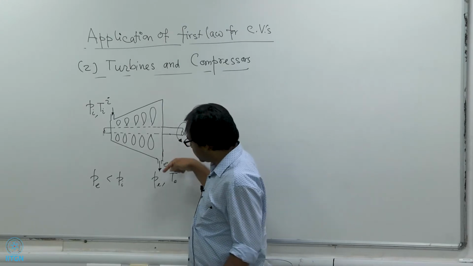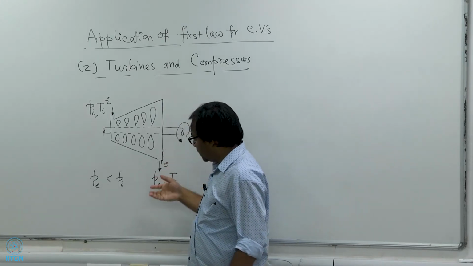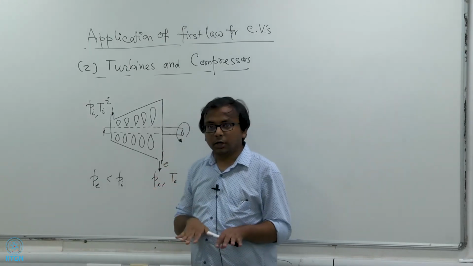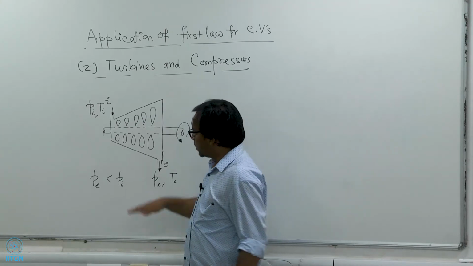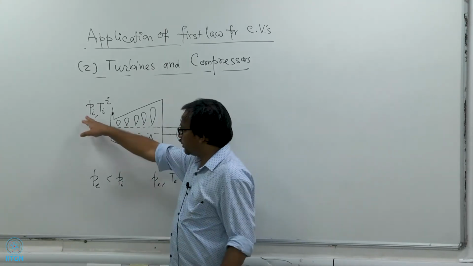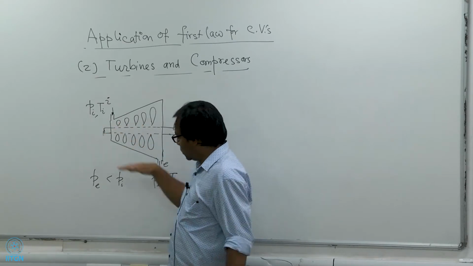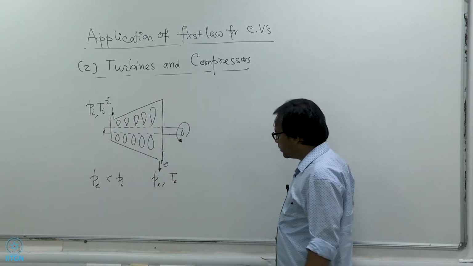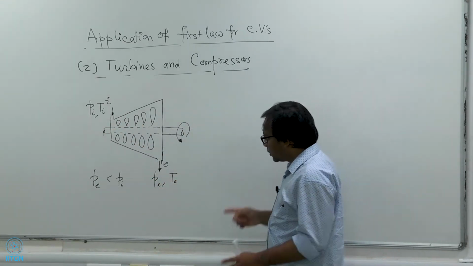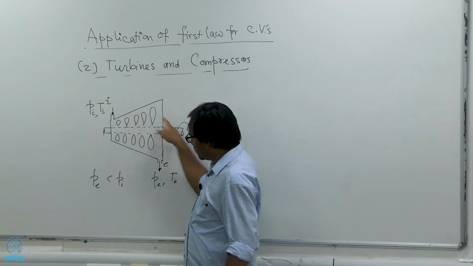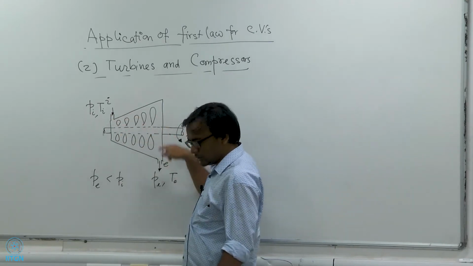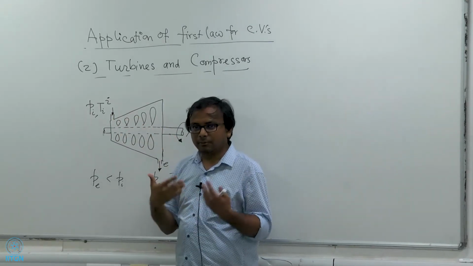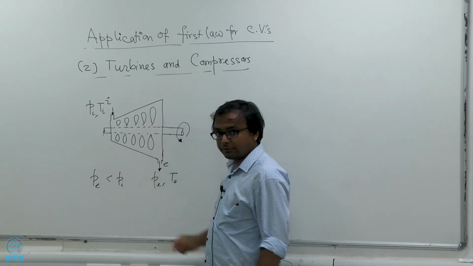Which is why the fluid that exits has a much lower pressure: its pressure has dropped from a very large value to a relatively smaller value. In the process of flowing through the turbine, the fluid has done some work by rotating the shaft.